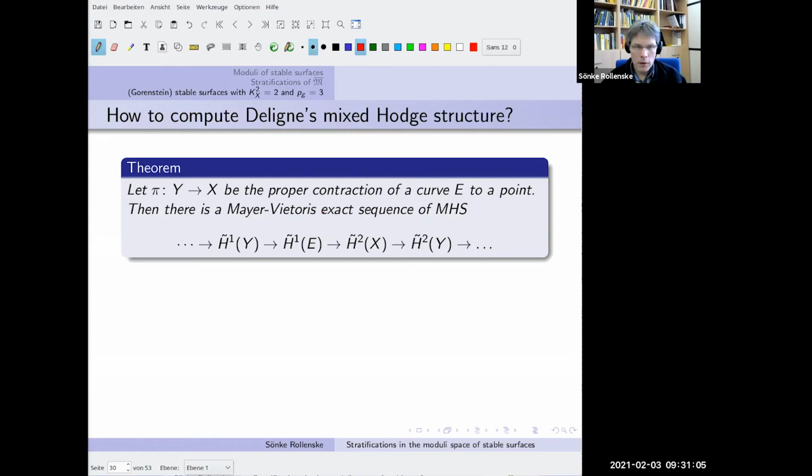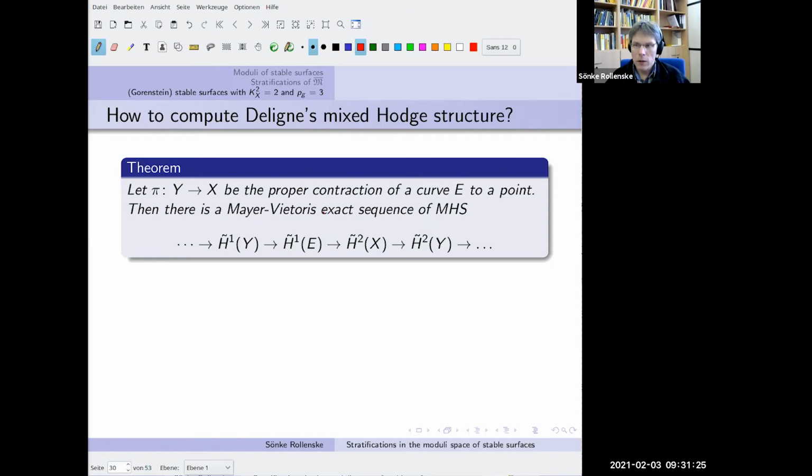And the idea is that there's a theorem due to Pardini, I think, that if you have a proper contraction of a curve to a point, then there's a Mayer-Vietoris exact sequence of mixed Hodge structures of this form.